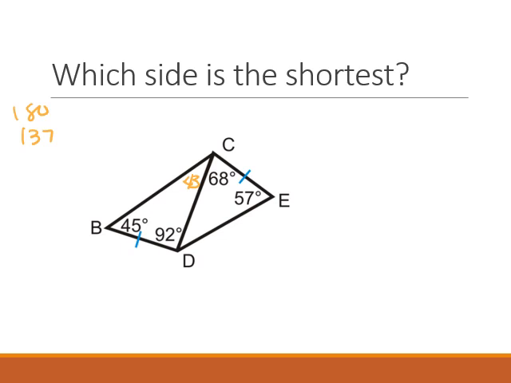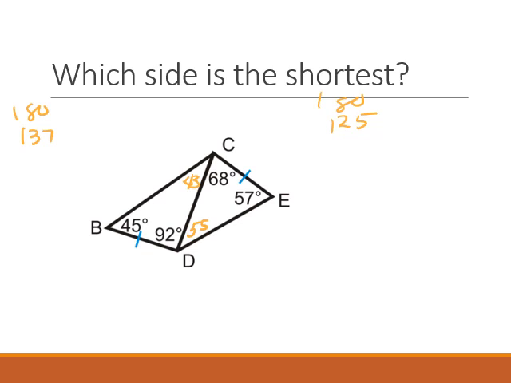In this triangle over here, 68 plus 57 is 125. And 180 minus that is 55. Now I know that these sides that are congruent are marked congruent.